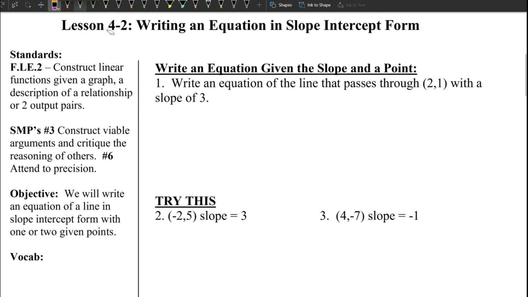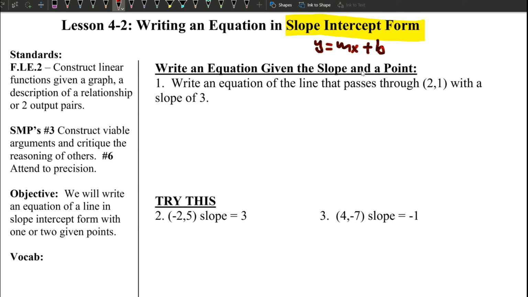In this video, we're going to talk about lesson 4-2, writing an equation in slope-intercept form. In writing an equation, what we've practiced on the bellwork is point-slope form. This is slope-intercept form, which is y equals mx plus b. That is our practice for today.